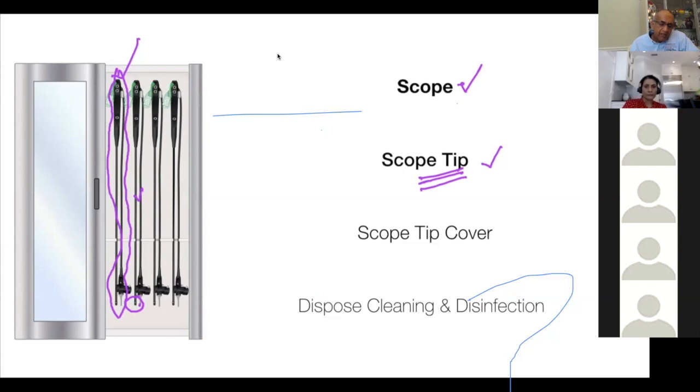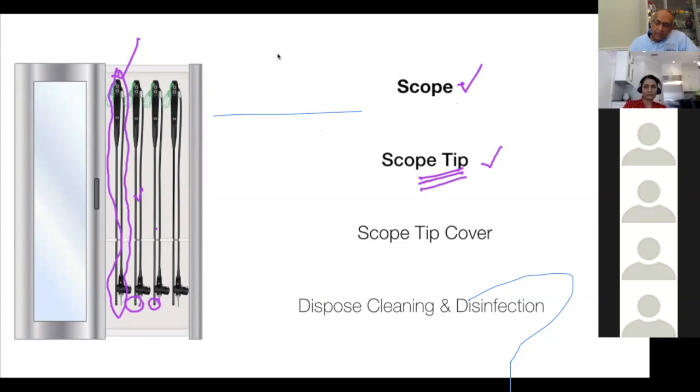The next step is you don't do anything to the scope, but you actually put a sock into the channel to cover the elevator, a scope tip cover, and just put the sock to cover the elevator. Then once the procedure is over, you take the sock off, your elevator is still clean, and you process the scope like anything else.